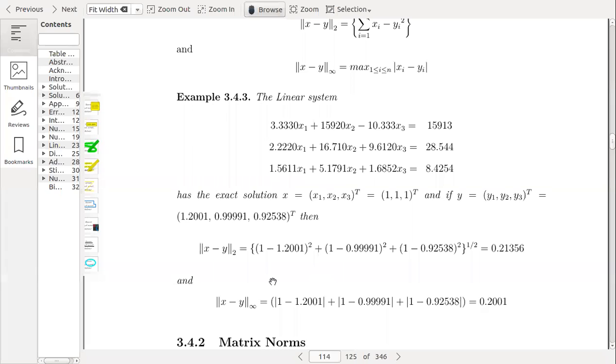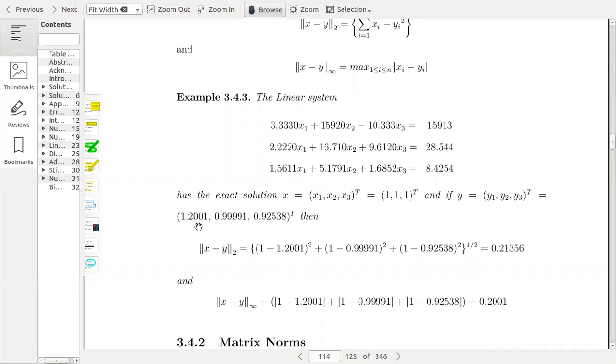Similarly, if we compute the infinity norm of x minus y, we will get 1 minus 1.2001, because we are actually subtracting the components. So the first component here is 1, and here the first component is 1.2001.